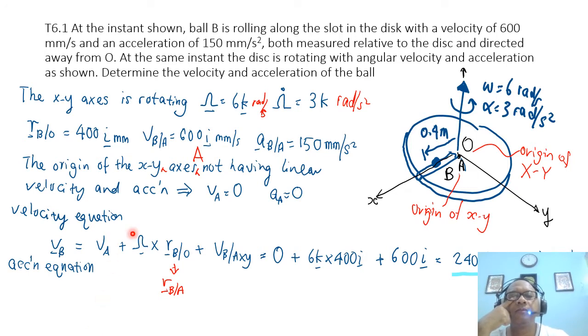So plus VB measured from the rotating axis. So this is our relative velocity, the velocity measured relative to xy.